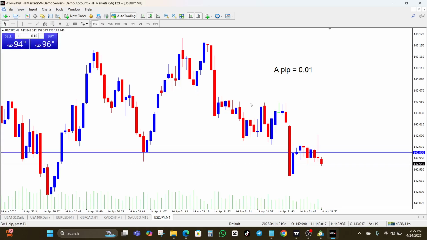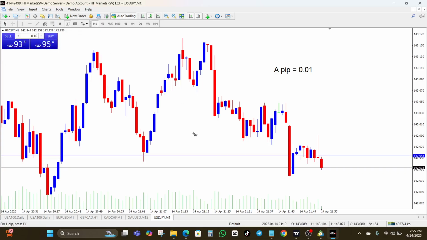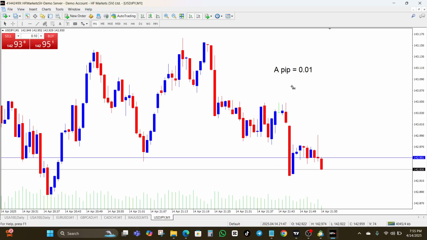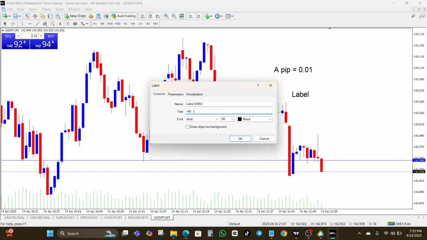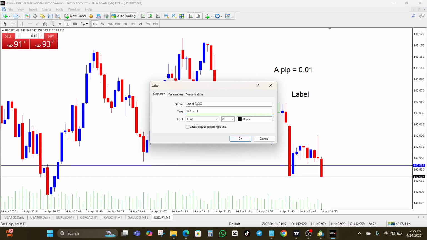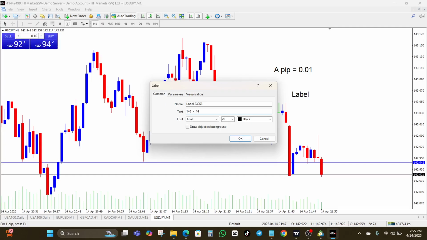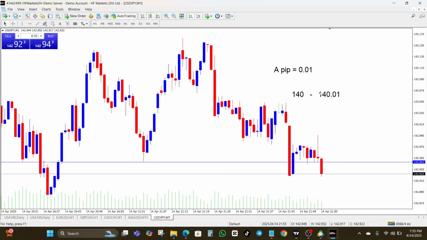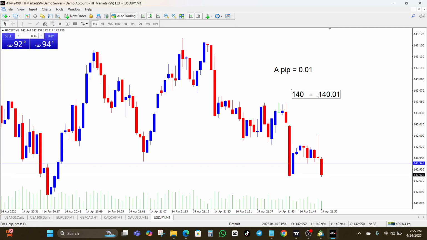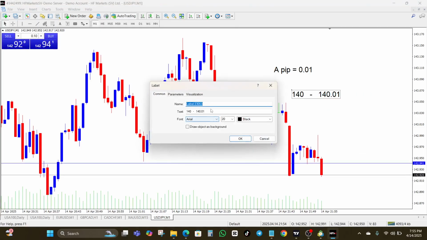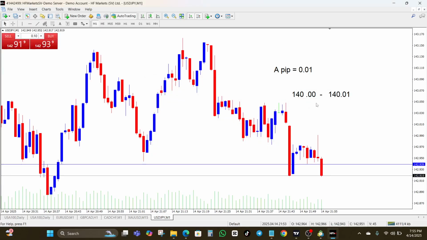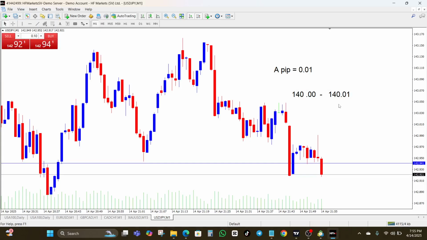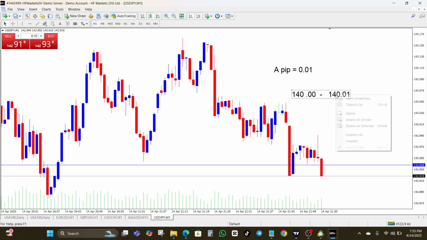So if the price moves from, let's use a round number, 140.00 to 140.01, that is a 1 pip movement.